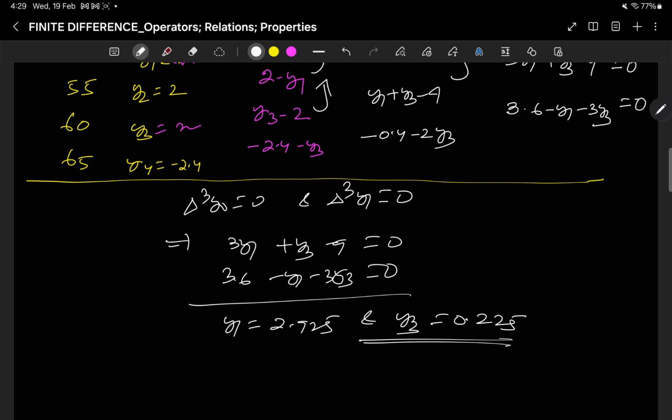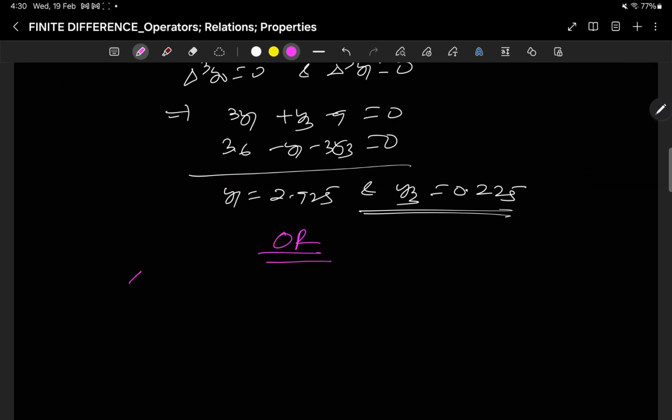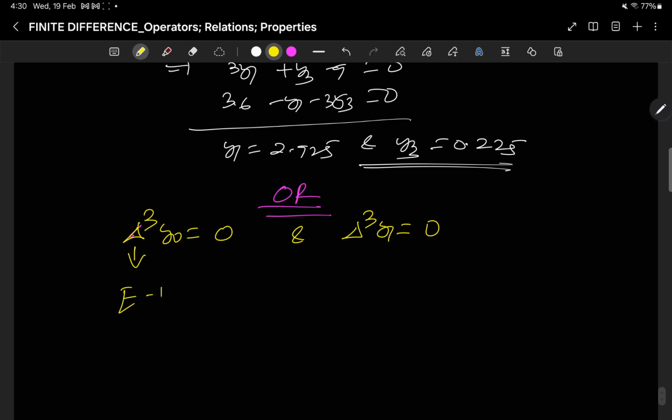Alternatively, we can solve it by using the shift operator. As you know here, del cube y0 is equal to 0 and del cube y1 is equal to 0. In terms of the shift operator, it is E minus 1 whole cube into y0 is equal to 0.